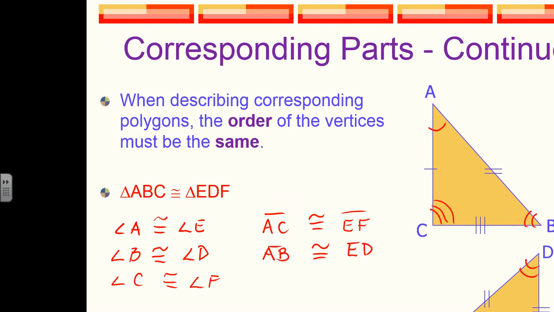And the last thing that you can know is that segment CB corresponds and is congruent to FD on the second triangle. So when describing the corresponding polygons, the order of the vertices must be the same with respect to how they correspond. So if I say ABC is congruent to EDF, A goes with E, B goes with D, and C goes with F. I think you probably get it by now.